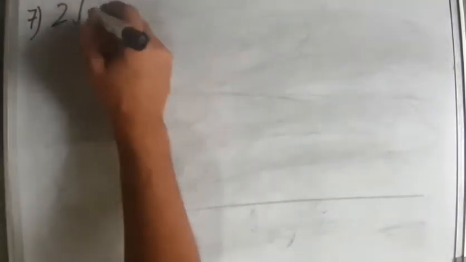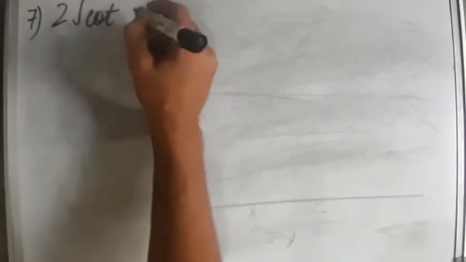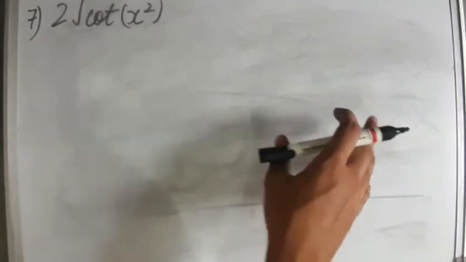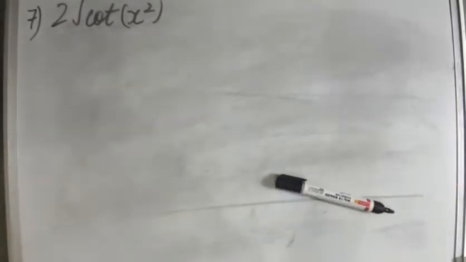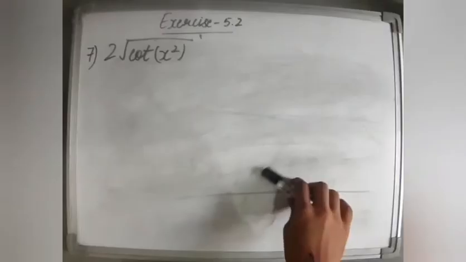So let us have a look at our seventh question, which is 2 under root cot x square. This question is very important from the board point of view. Okay, so have a look at this question very carefully.